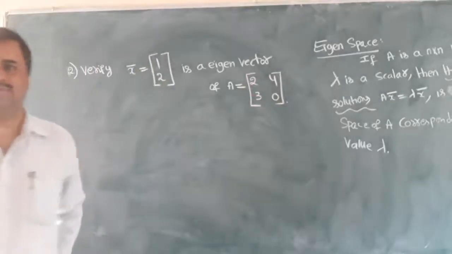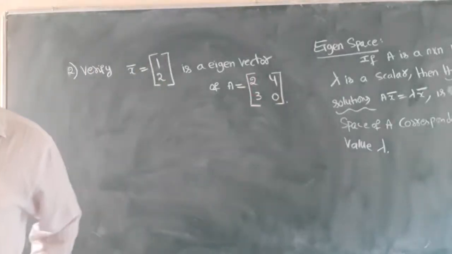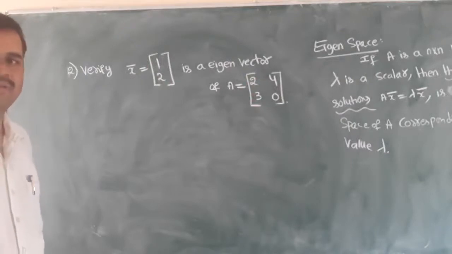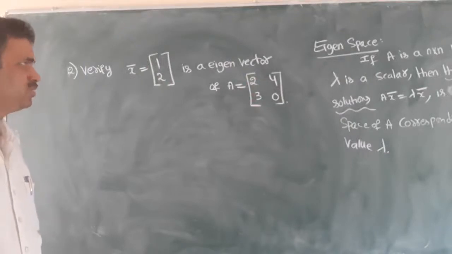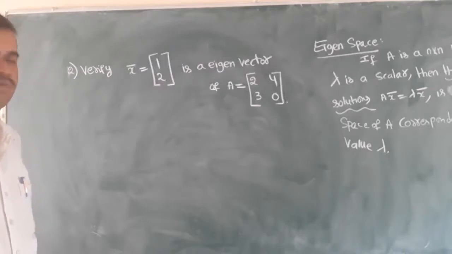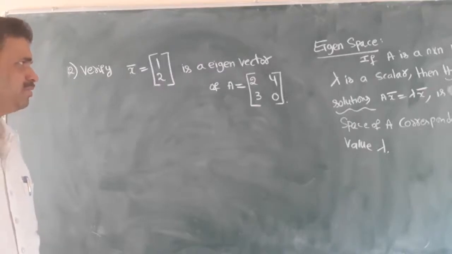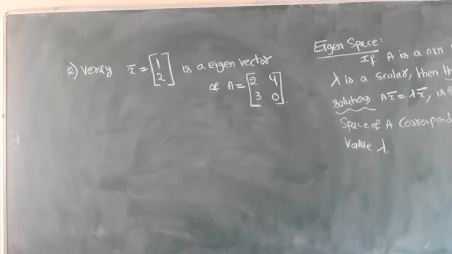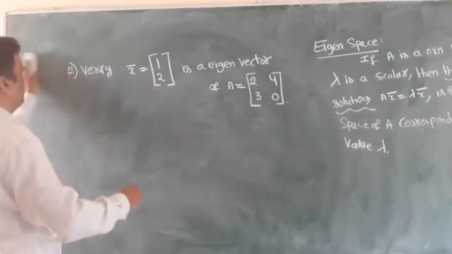Let's copy it. Verify x bar equal to [1; 2] is an eigenvector of A equal to [2, 4; 3, 0].